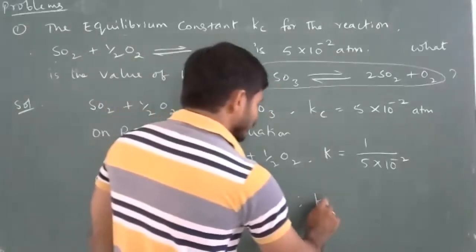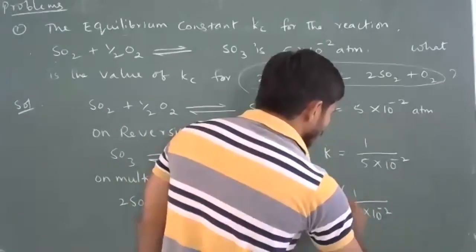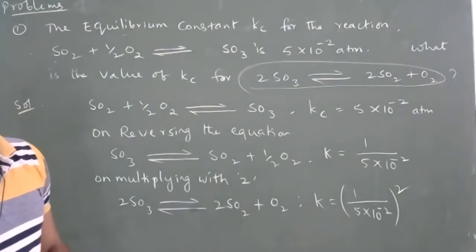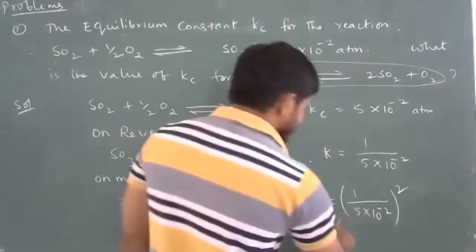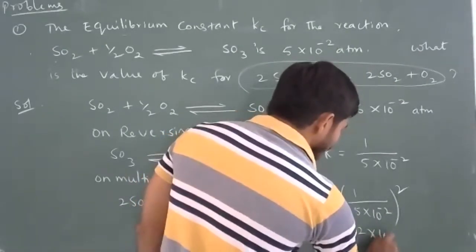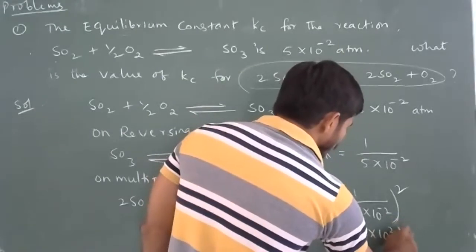So when you multiply with 2, the new equilibrium constant we write in power. If you multiply with 2, we write it in the power, right? So simplify this: 1 by 2, 0.2 into 10 power, that is 10 square, whole square.